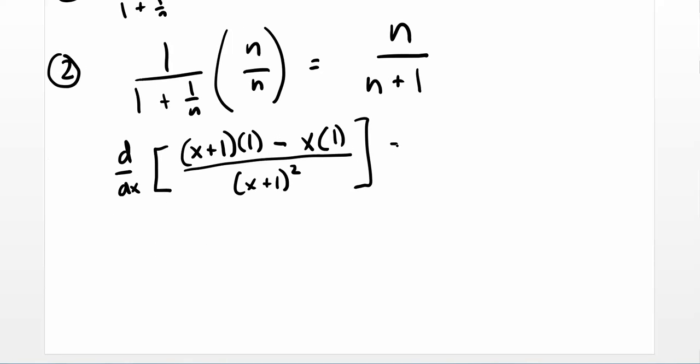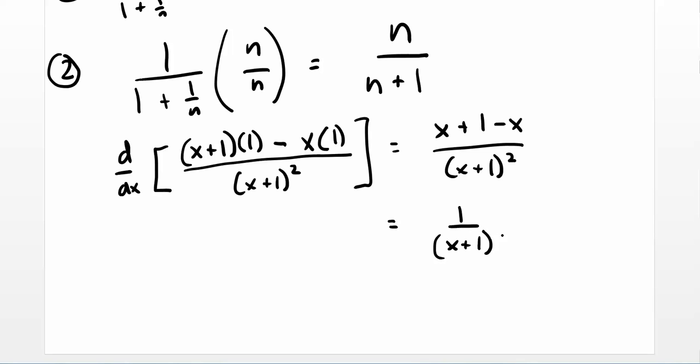So this is equal to x plus 1 minus x all over x plus 1 squared, which is equal to 1 over x plus 1 squared, which is not decreasing necessarily.